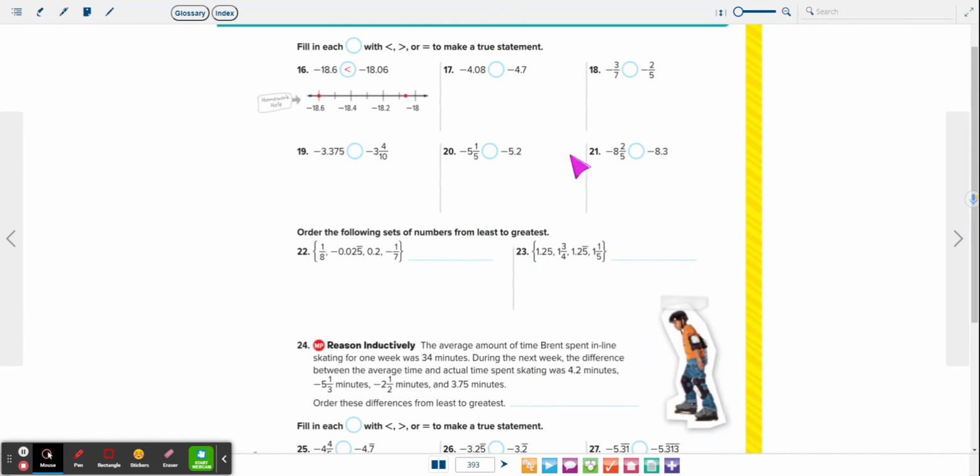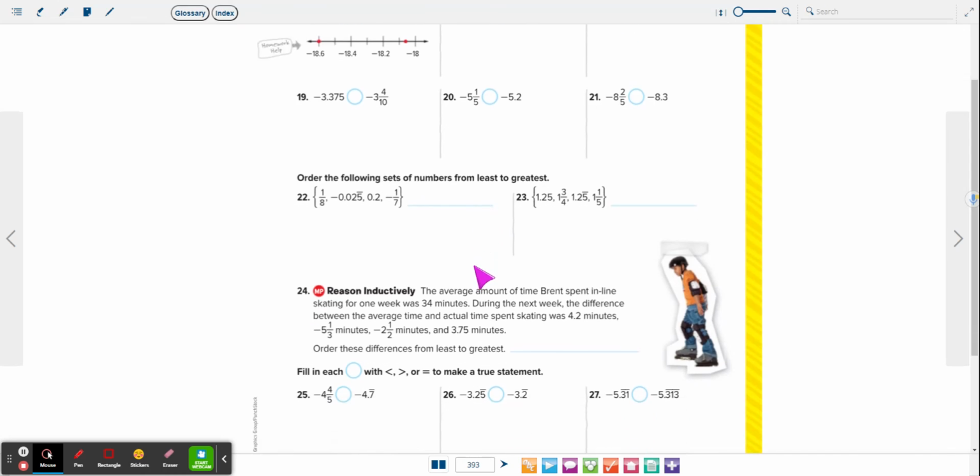They've given you a number line for this one. Again, you're finding out which sign goes in here and just put it in there. You can do a number line if you'd like to help you. You don't have to. I would change them to decimals. If you have a decimal and a fraction, change them both to decimals to make it a little bit easier.